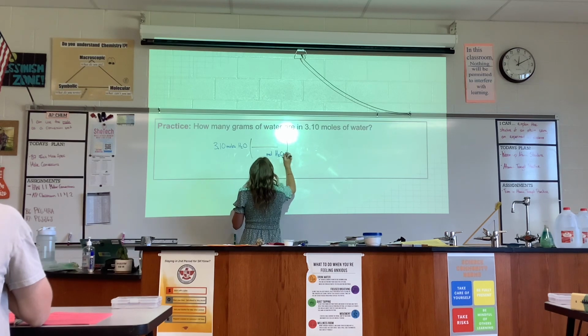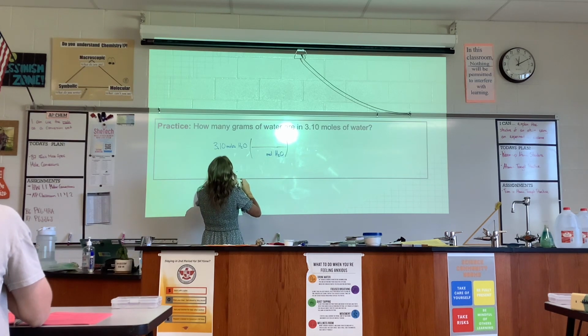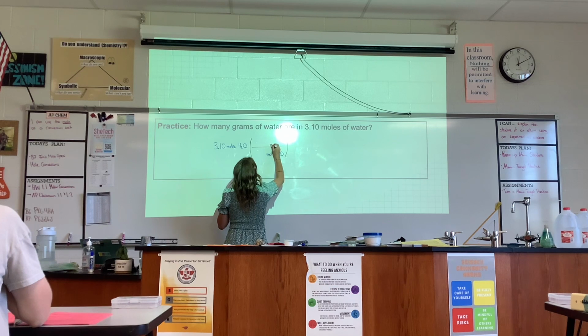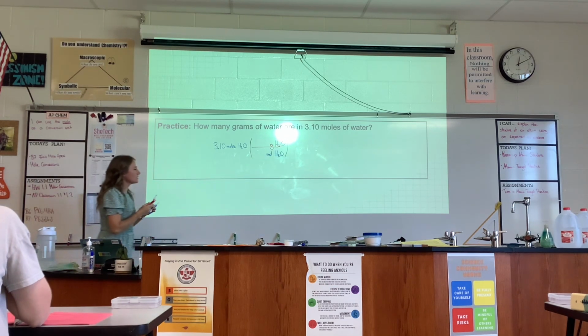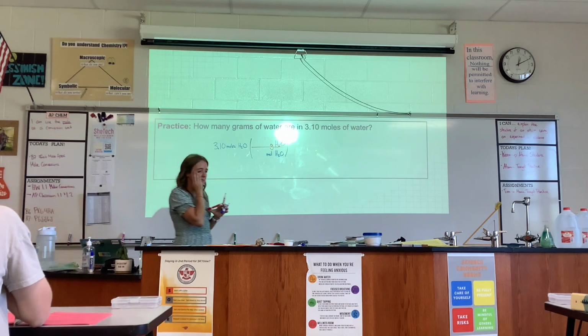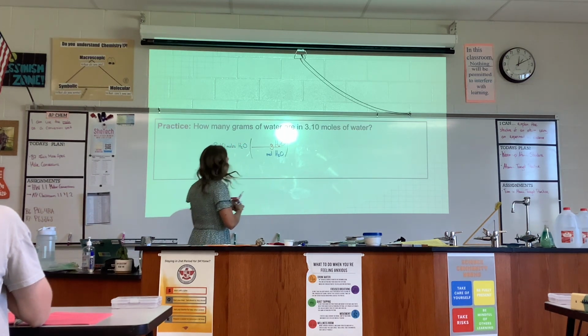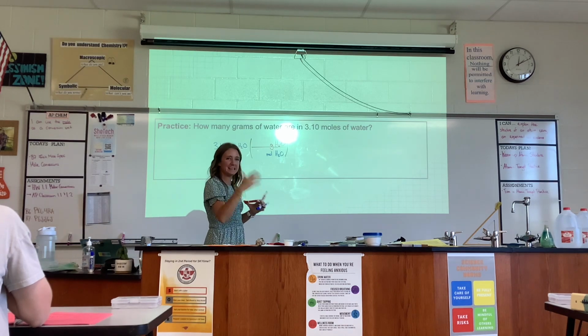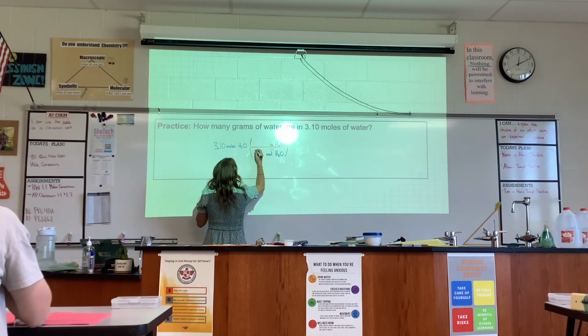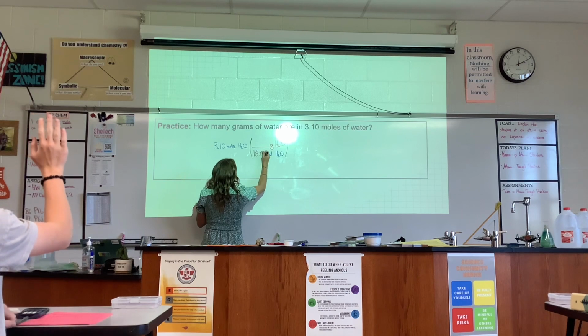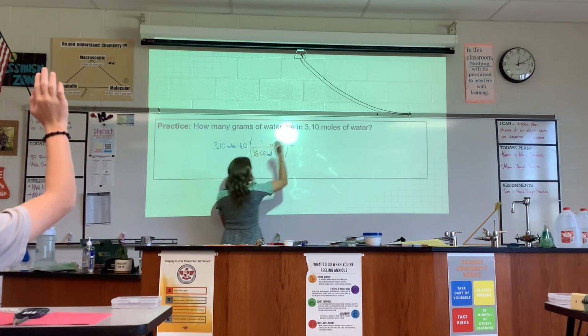And the unit I'm trying to find is grams, so I'm gonna put that on top. Then I'm gonna look at the last problem, and last time we used the mass of carbon with grams, so I'm probably gonna use the mass of water, which we found prior was 18.02. I'm gonna put that on here, and then I'll solve.